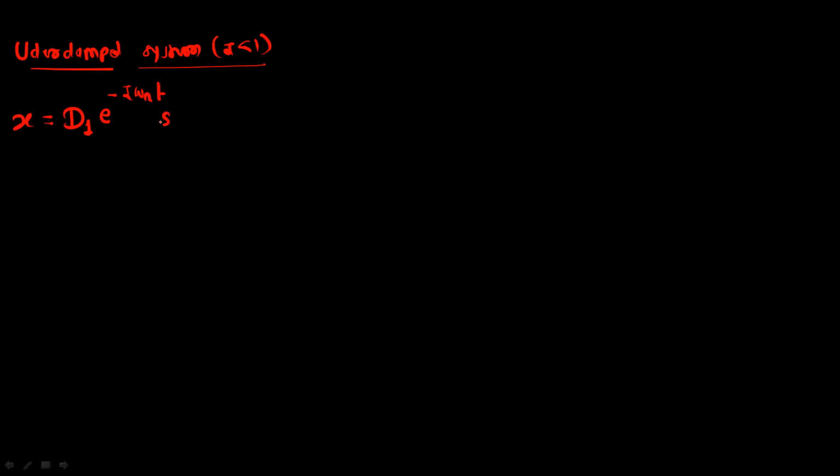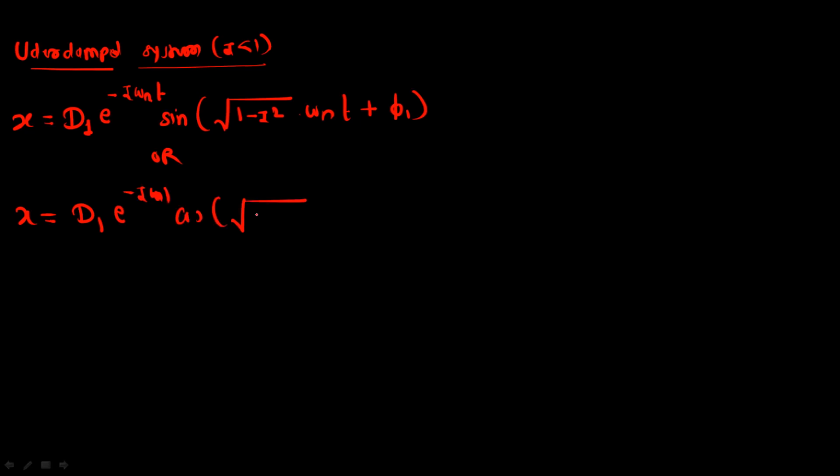So the general equation for the underdamped system: x is equal to a constant d1 e raised to minus zeta omega n t sine of square root of 1 minus zeta square into omega n t plus phi 1, or x is equal to constant d1 e raised to minus zeta omega n t cos of square root of 1 minus zeta square into omega n t plus phi 1.